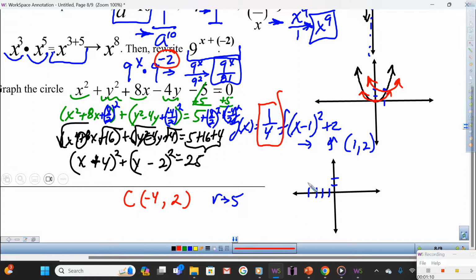So our center is right there. And then radius, 5 steps in all directions. 1, 2, 3, 4, 5. And it should look something like that. Okay? We good? All right.